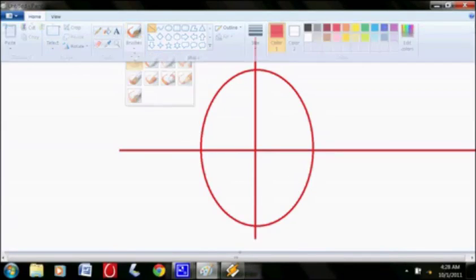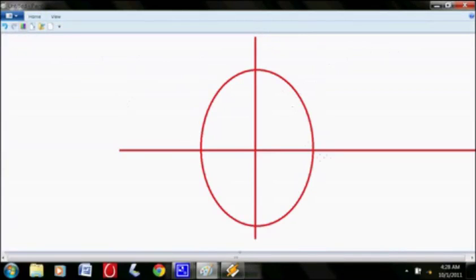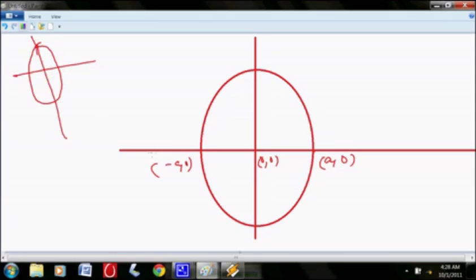Vertical ellipse. Everything is same. It's something like a figure of this kind.